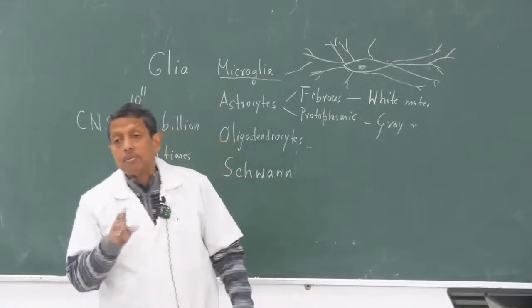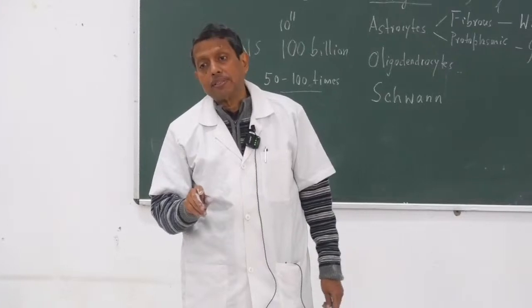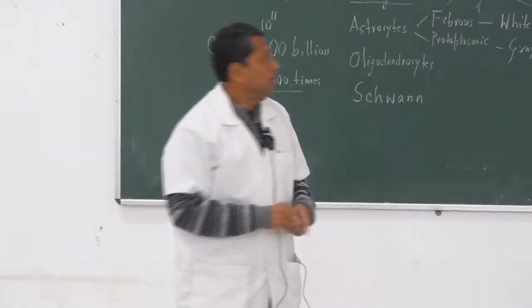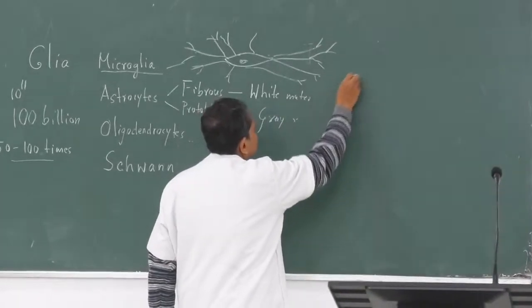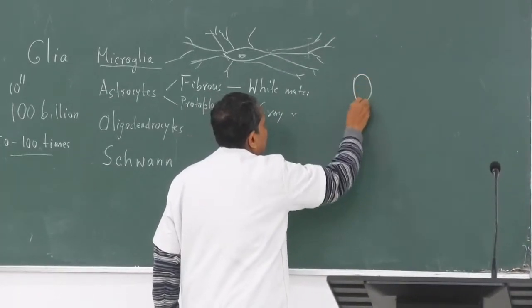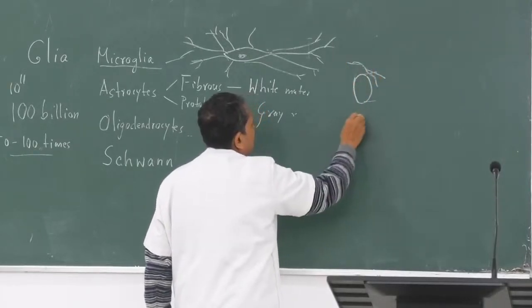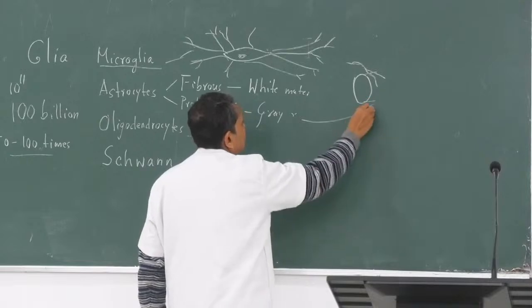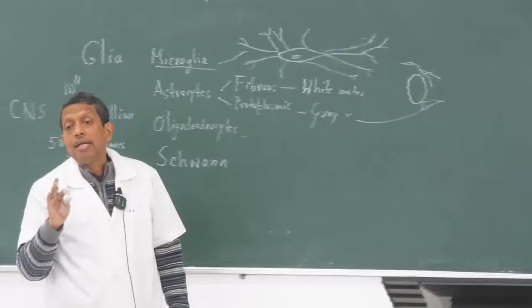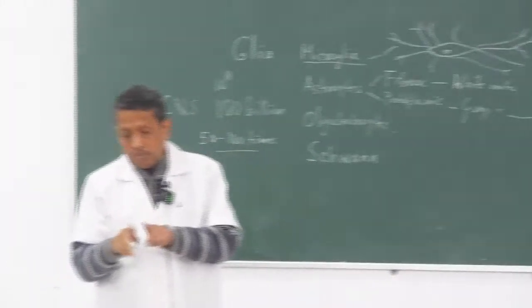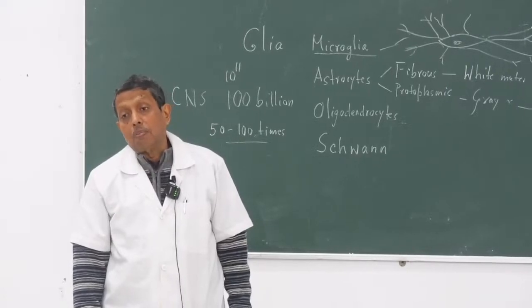They have connections with the nearby blood vessels, and both types do so. In this way, they tend to form the tight junctions responsible for the blood-brain barrier.